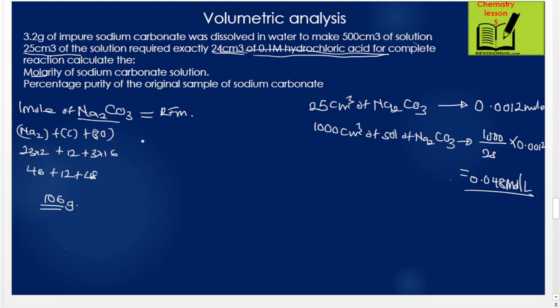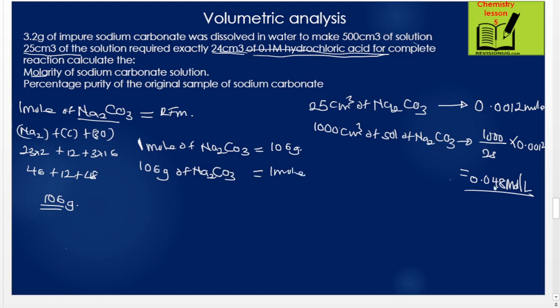This means that 1 mole of sodium carbonate is equivalent to 106 grams, so 106 grams of sodium carbonate gives us 1 mole.